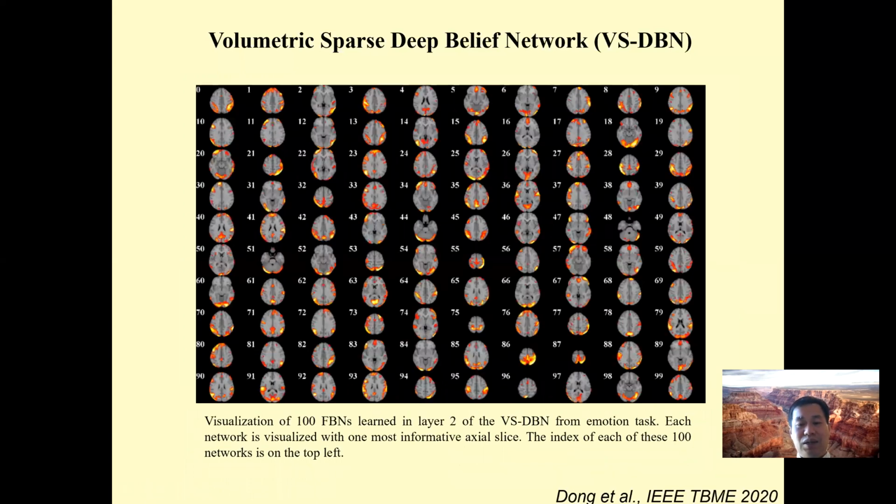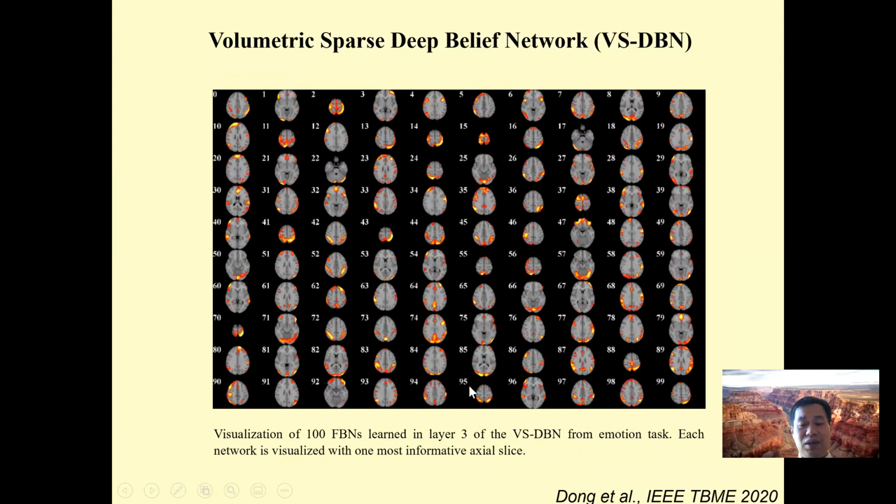If you look at the next layer, the functional networks in the second layer of the DBN, deep belief network, we can see they are composed from the lower layer. So that means the smaller brain network regions are composed into larger networks. Okay, so this is exactly what I expect to see.